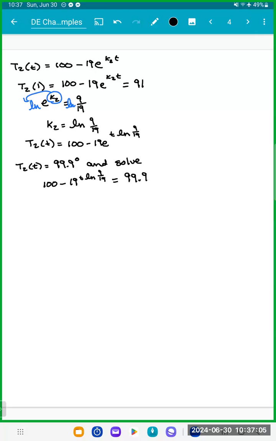Okay, so we can simplify this by moving all our constants to one side, right? Subtract 100 from both sides, divide both sides by negative 19. And we're going to end up with e to the T ln of 9 over 19 is equal to 0.1 over 19.